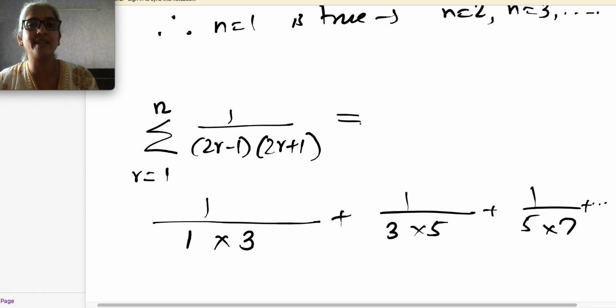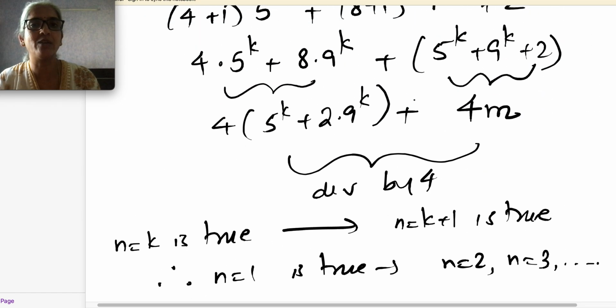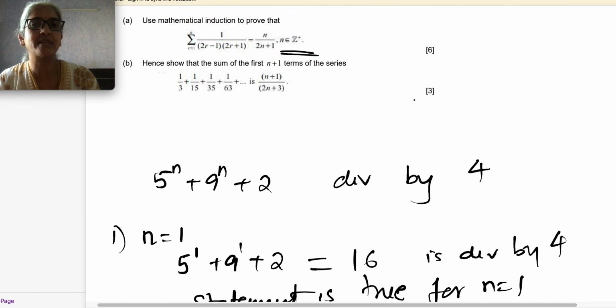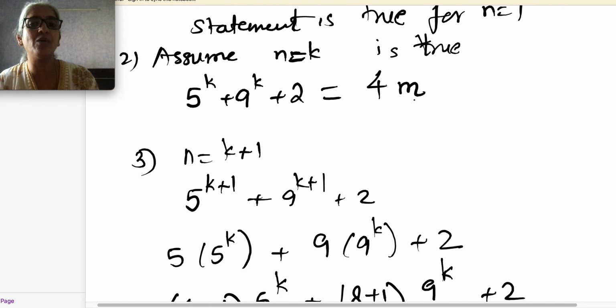And what is the right side of the statement? They're asking you to prove that it is equal to n upon 2n plus 1.